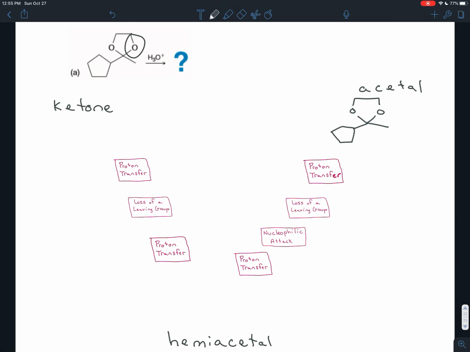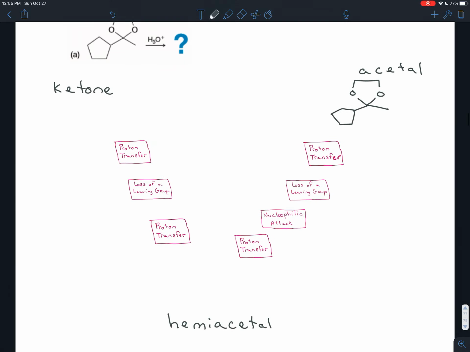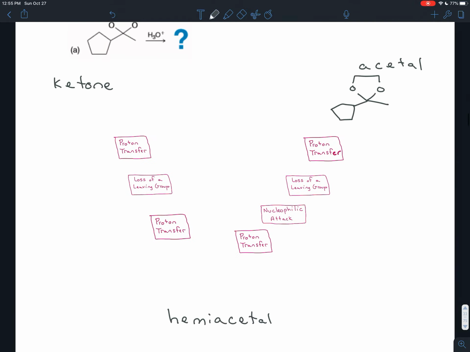In the hemiacetal, one of those ethers is going to come off and turn into an alcohol. So for the hemiacetal, we'll still have this carbon ring, these carbons. One of those ethers will still be there, but one of them will be an alcohol.